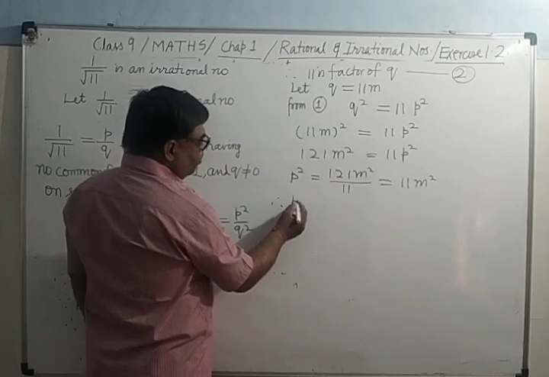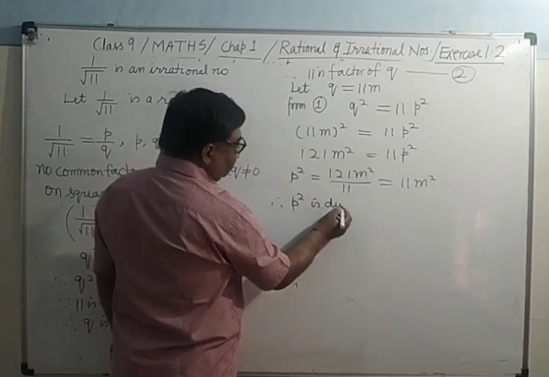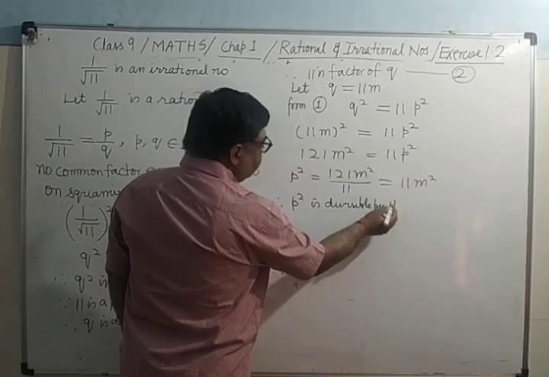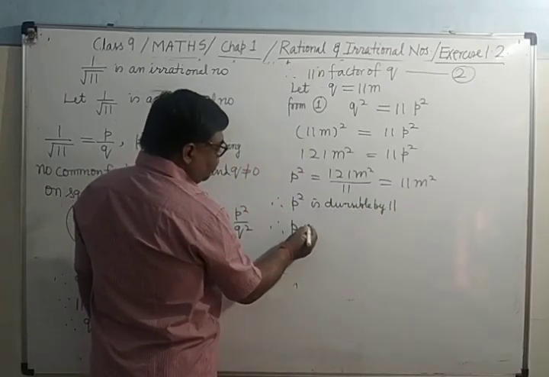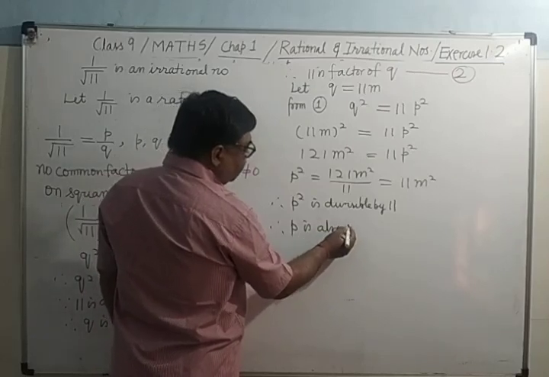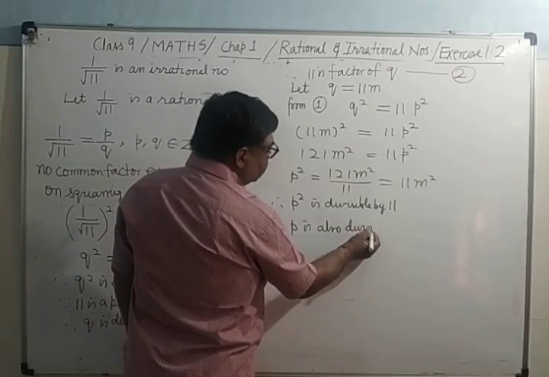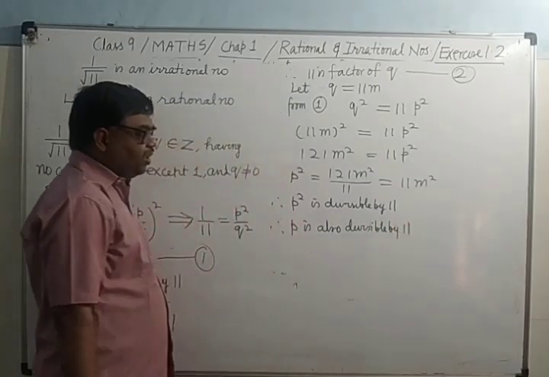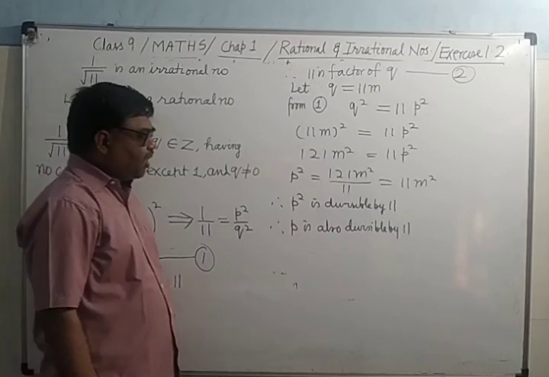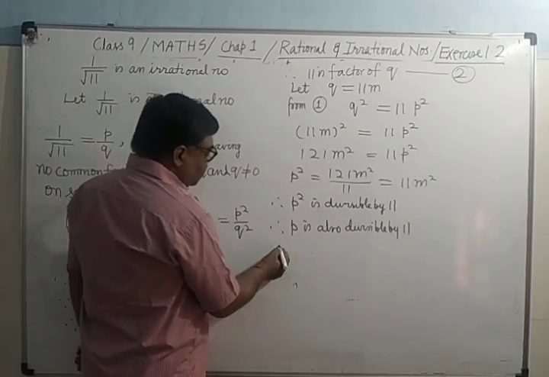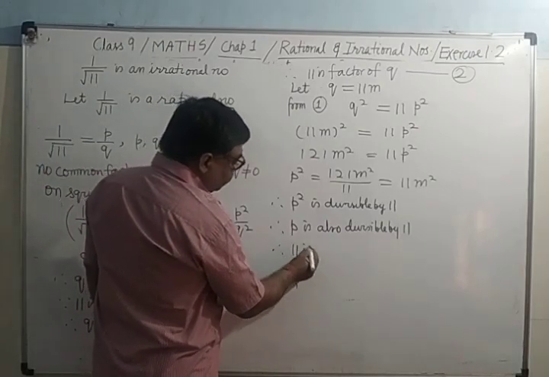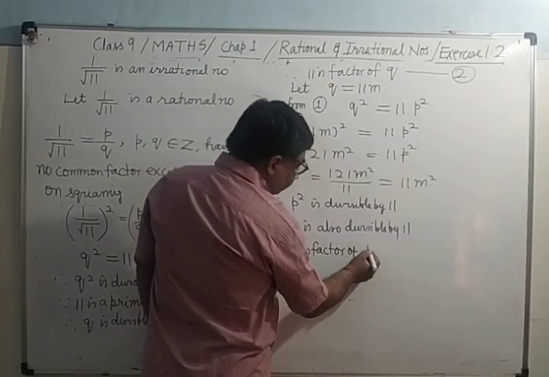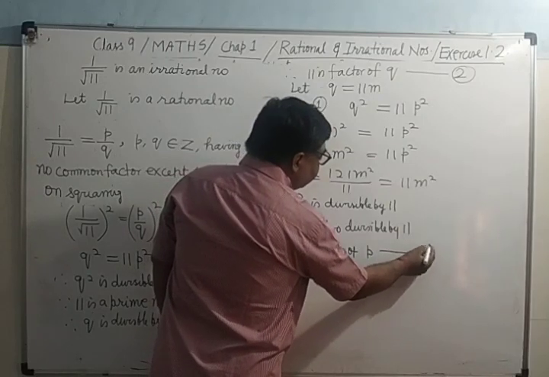Therefore, P square is divisible by 11. Therefore, P is also divisible by 11. Why will P be divisible by 11? As 11 is a prime number. It's clear. Therefore, 11 is a factor of P. This we can take as 3.